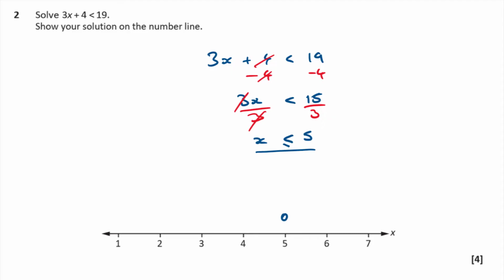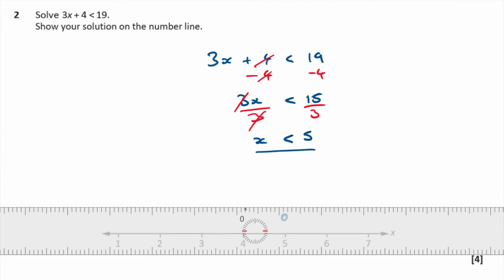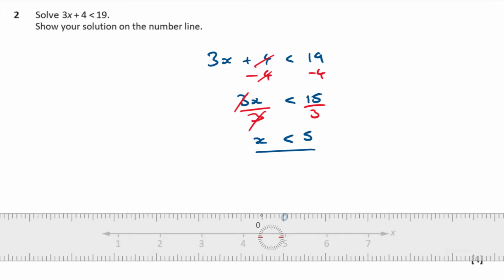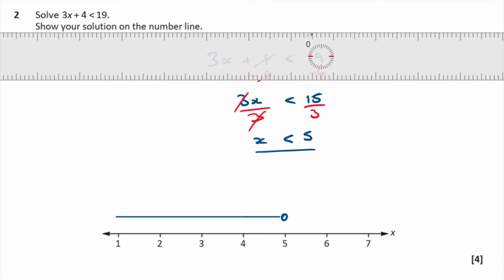But because it's strictly less than, I use an open circle on 5. And then I'm going to point at all the values less than 5, so I'm going to draw a line with my ruler going off to the left from that point, and carrying on in that direction.